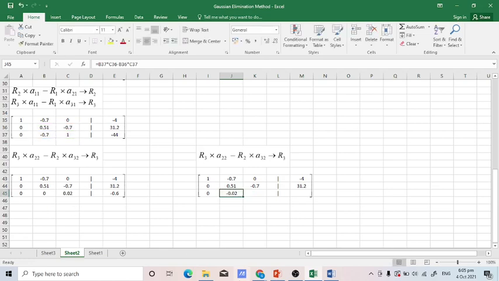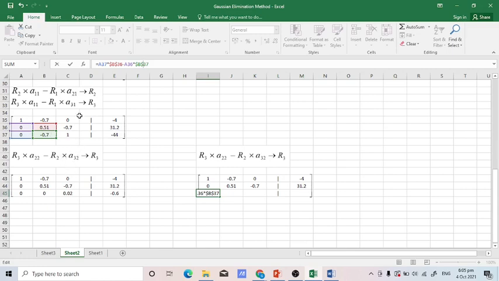So sabihin niyan, pwede kong lagyan to ng dollar sign. So dahil fixed naman ang A22, lagyan ko siya ng dollar sign. Okay. Yan, dollar sign. Tapos, yung A32, dahil fixed naman, ganun din. Okay. A32.